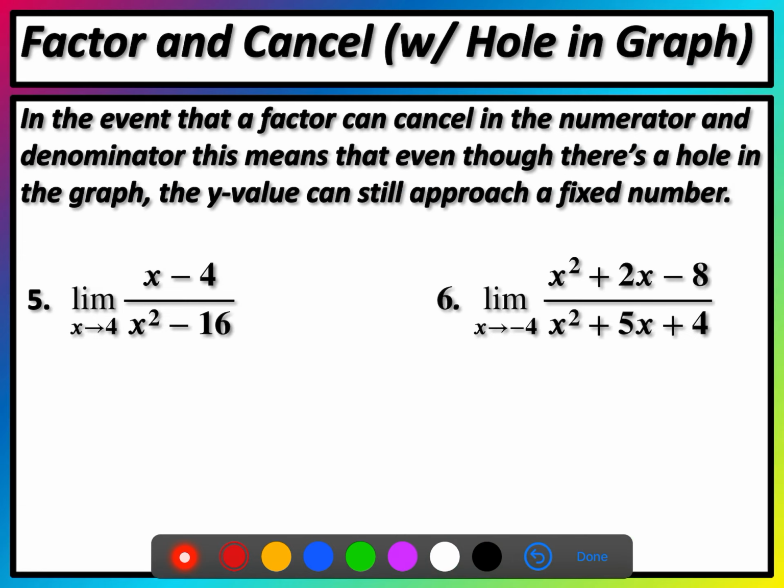Now, if we were to do that again, and we get something like 0 over 0. Remember, that means the problem is not done, and we should now think about trying to simplify.